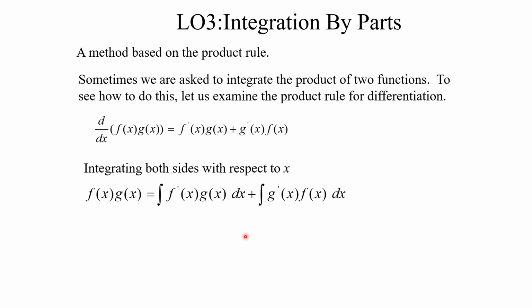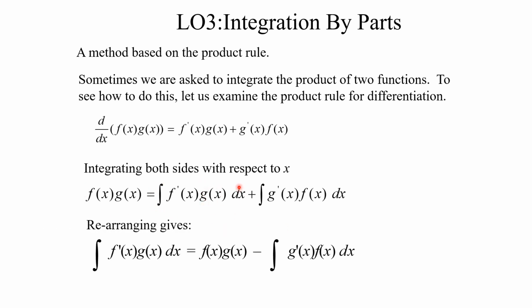If we need to integrate a function which is a product of two functions, we can make that part the subject of this equation. So we rearrange: we move this to the left, changing the sign. So the integral of f'(x)g(x) dx equals f(x)g(x) minus the integral of g'(x)f(x) dx.